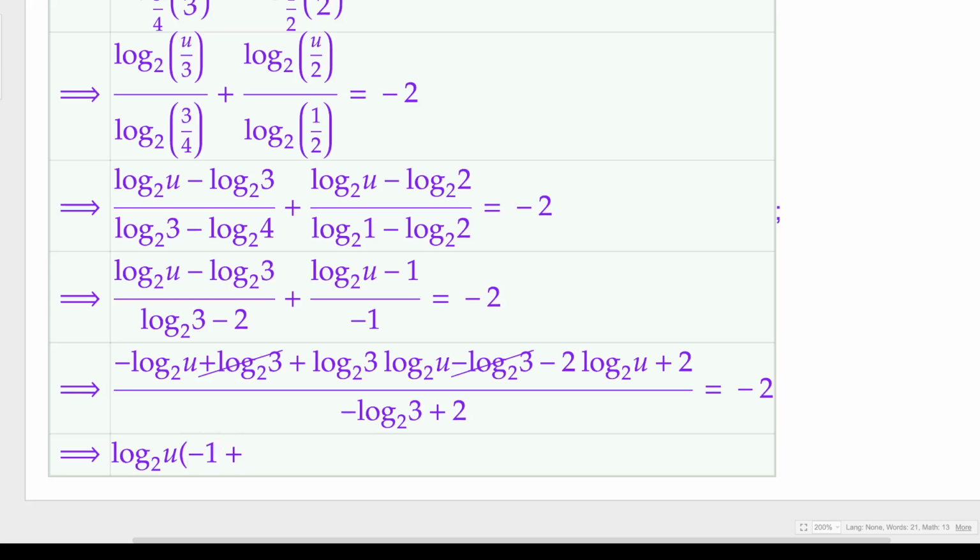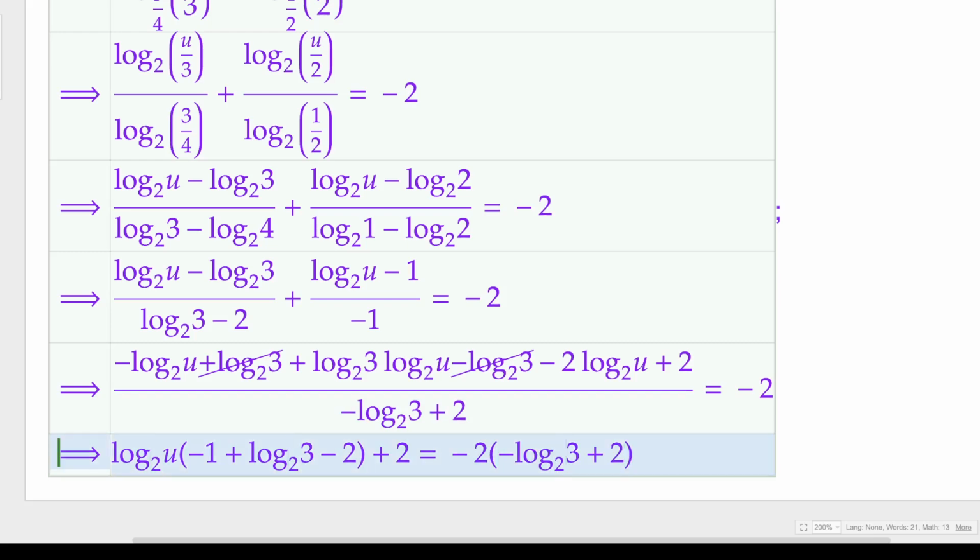Then log 3 base 2 will be written as it is, and with this, because this one is taken as the common factor, here this would be minus 2, and I'll write plus 2, that is equal to minus 2 times this particular quantity.